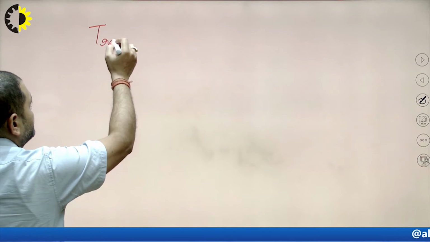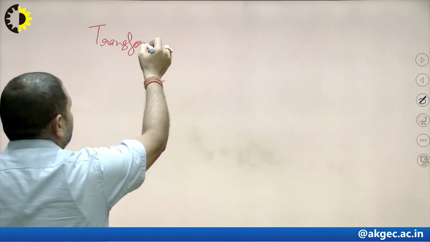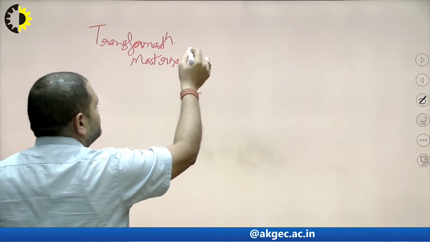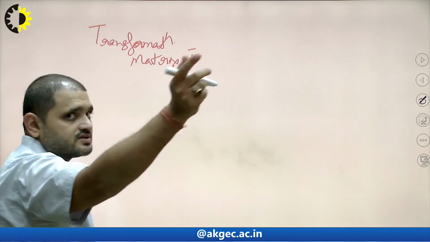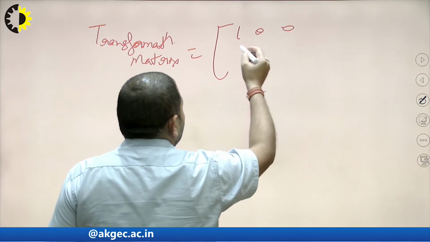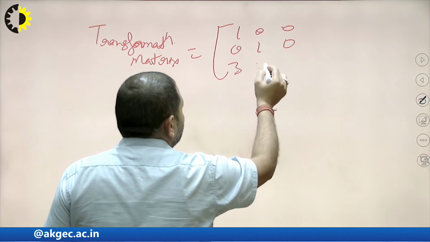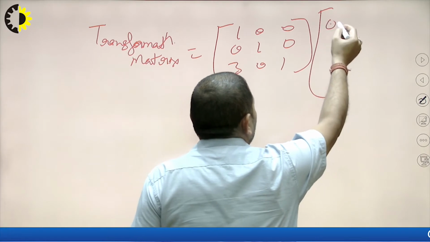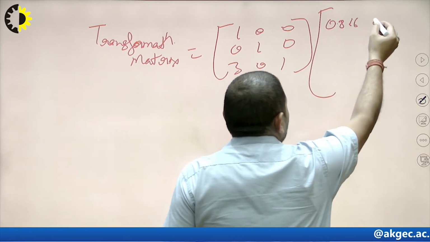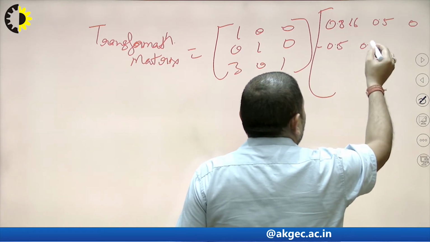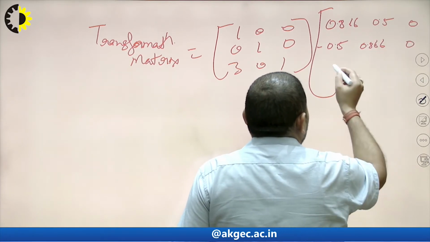So the transformation matrix will be equal to the translation matrix, 1 0 0, 0 1 0, 3 0 1, multiplied by the rotation matrix, 0.866, 0.5, 0, minus 0.5, 0.866, 0, and 0 0 1.